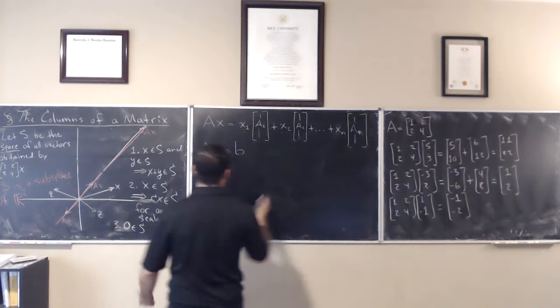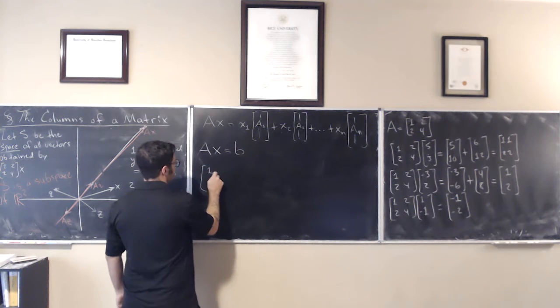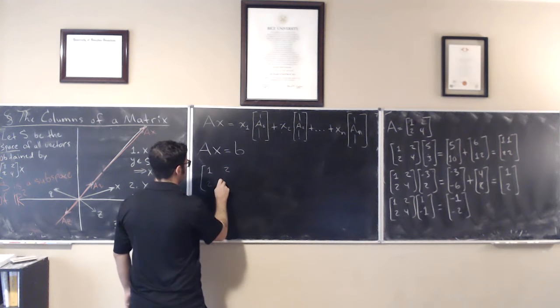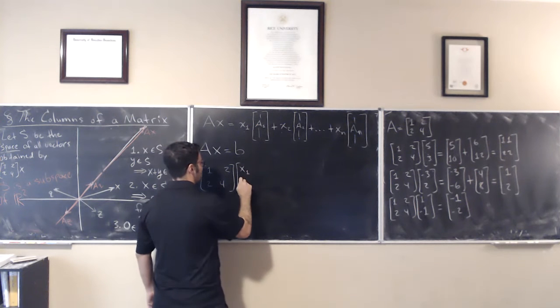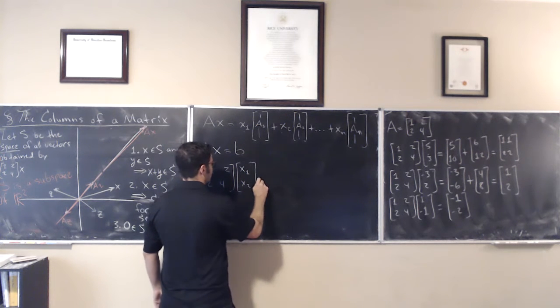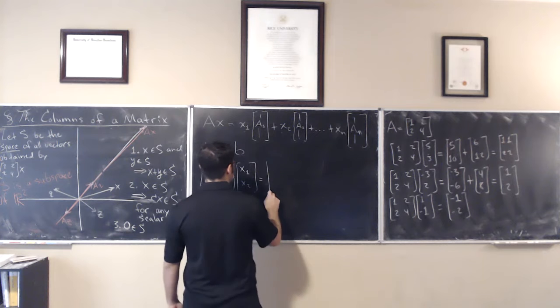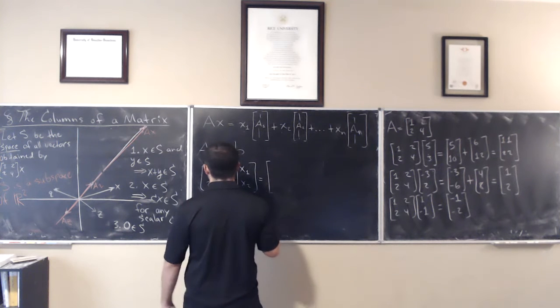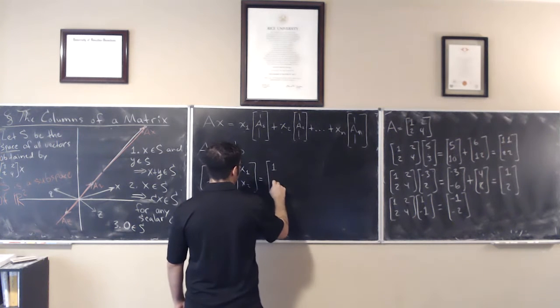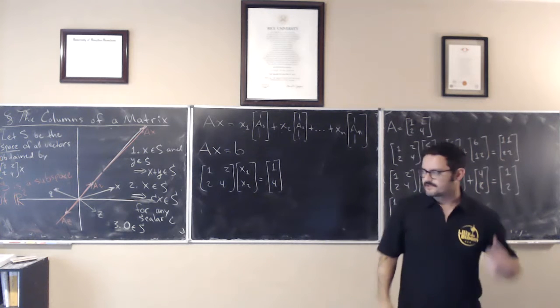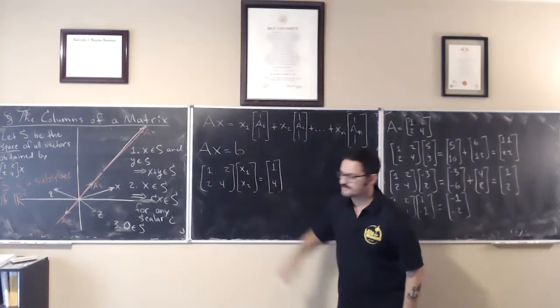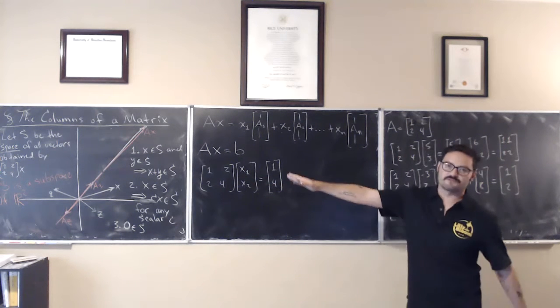So if we looked at 1, 2, 2, 4, and we wanted to find a vector x1, x2 that equals, I don't know, 1, 4. Can we solve that system of equations? Can we solve for these variables with that matrix? Just looking at the picture.